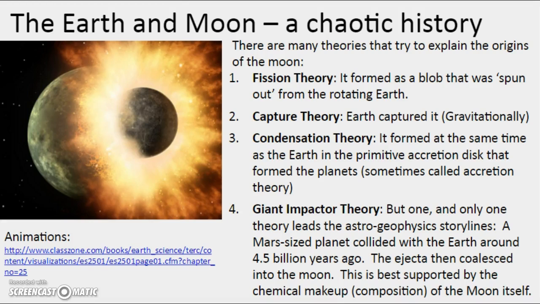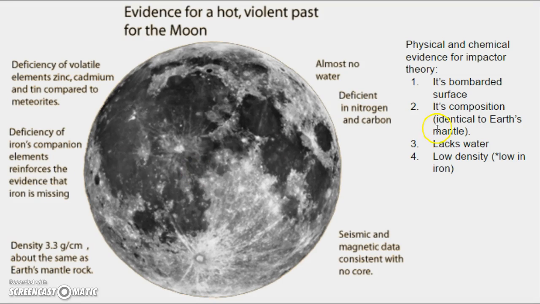Remember, the Earth's crust is tiny compared to the mantle. It lacks water, and it has a very low density. It's very low in iron. Now, when I say low density, we're talking the density is compositionally equivalent to that of about the Earth's mantle. So we could say that the Earth's mantle is compositionally, and in some other features, such as density, consistent with the moon's features. So we have some evidences that are building an emergent storyline.